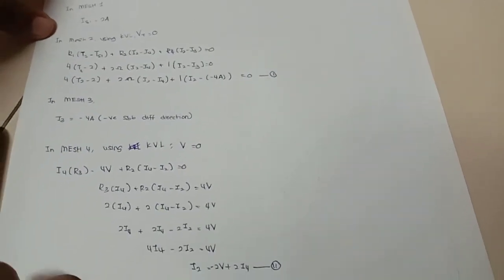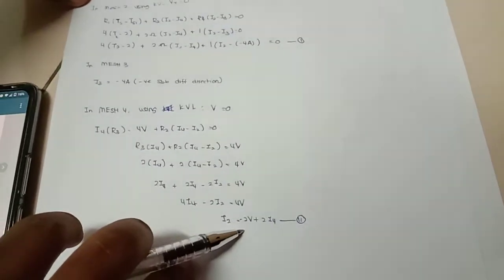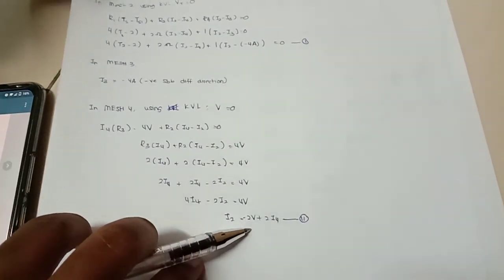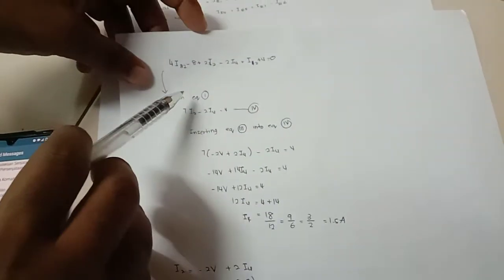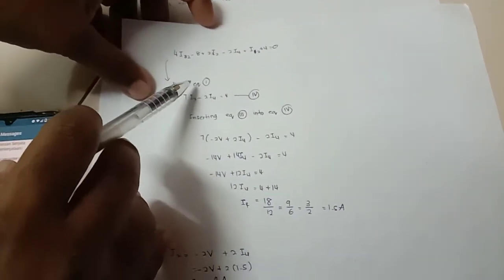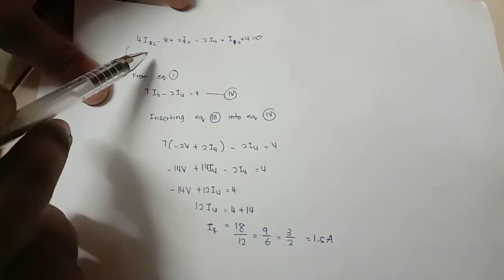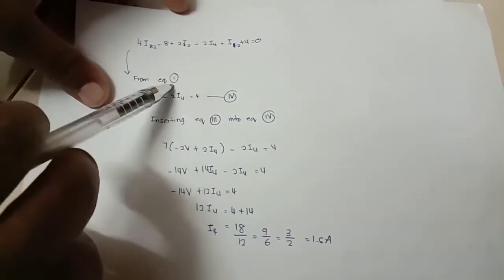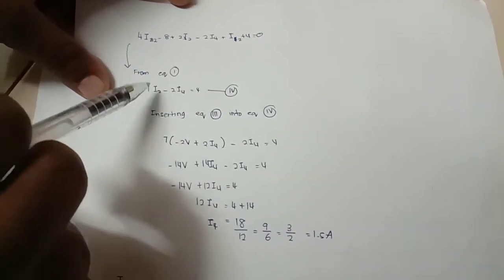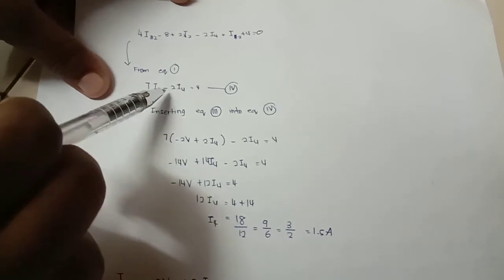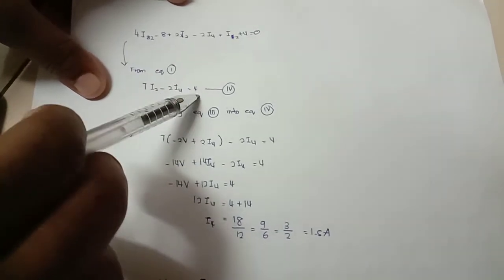So we will get I2 equals negative 2 volts plus 2 I4, and when we derive the equation and substitute the first equation, we will get 7 I2 minus 2 I4 equals 4.